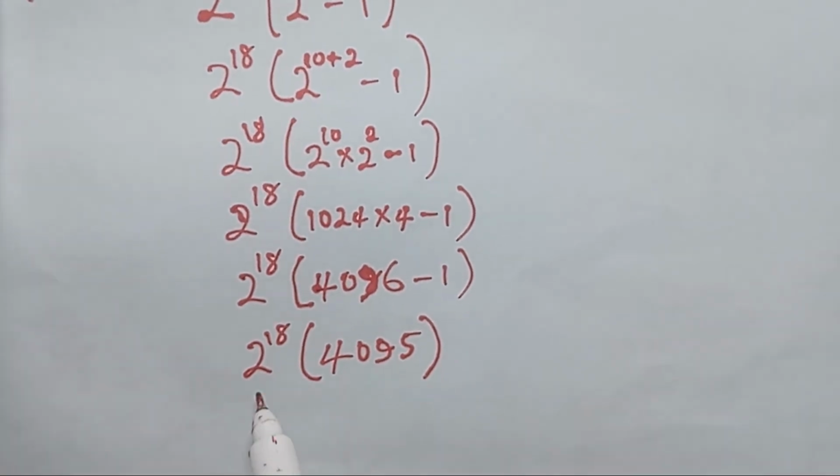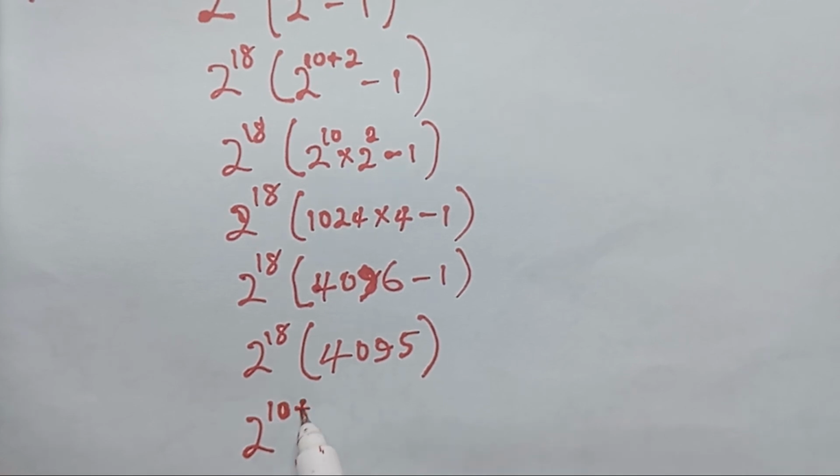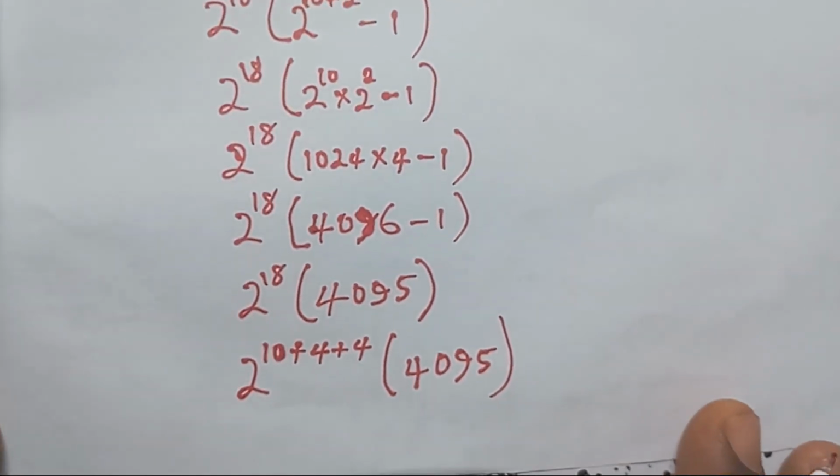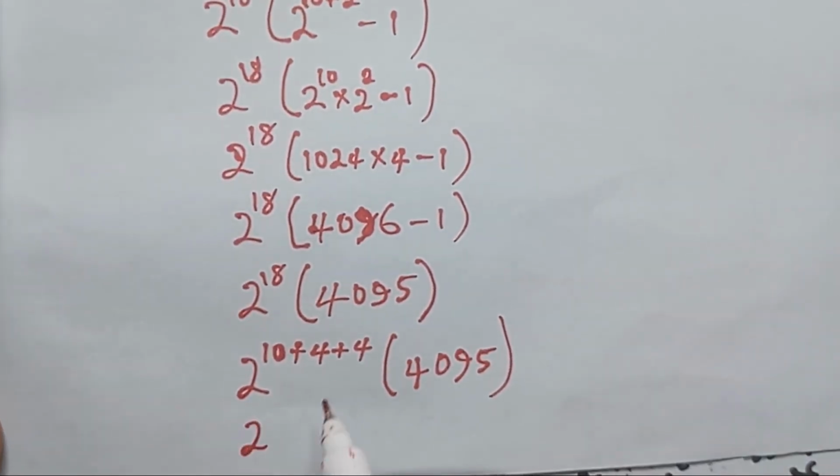To simplify this, I can write this 2 power 18 as 2 power 10 plus 4 plus 4, multiplied by 4095. This is applying the same rule of indices I applied earlier on.